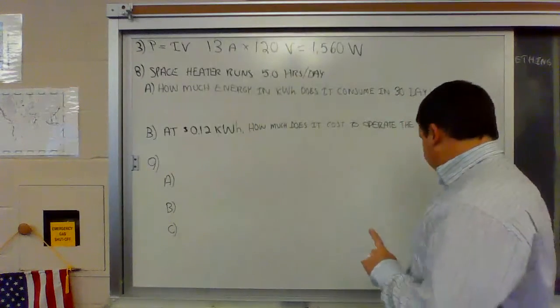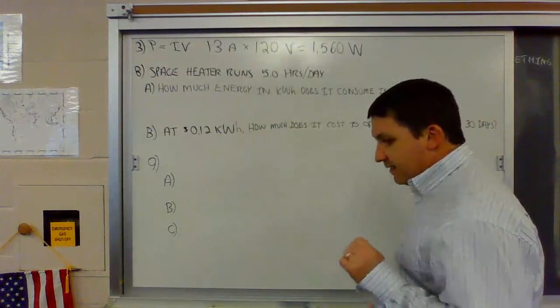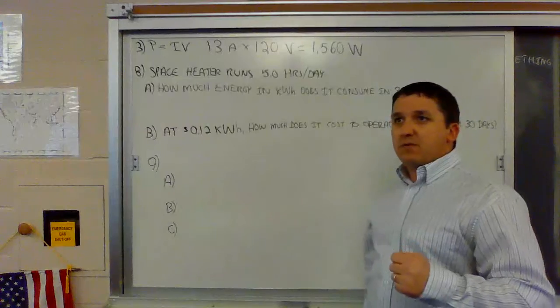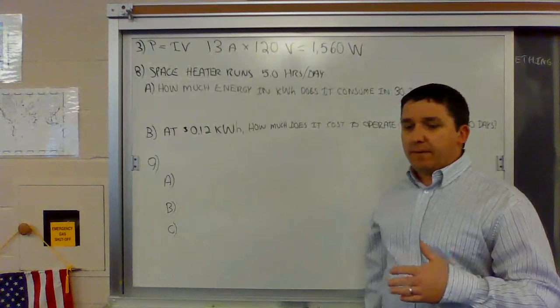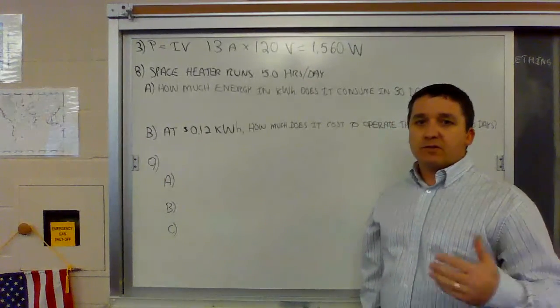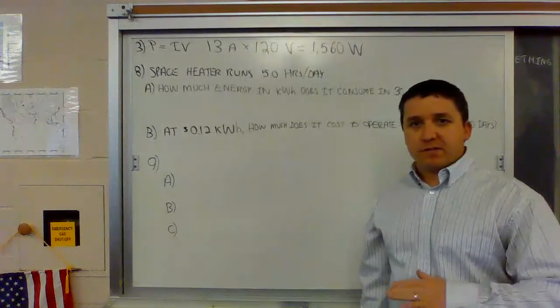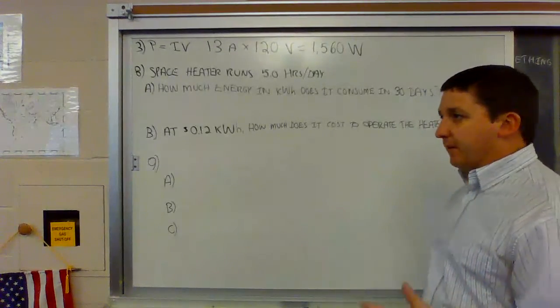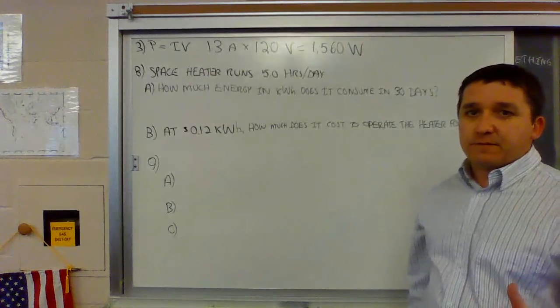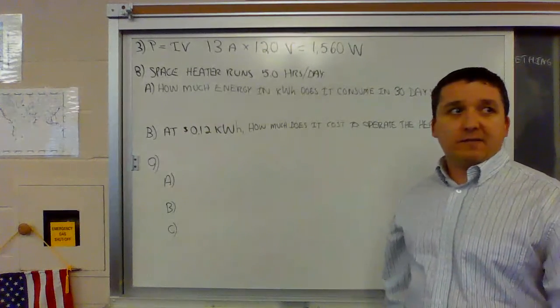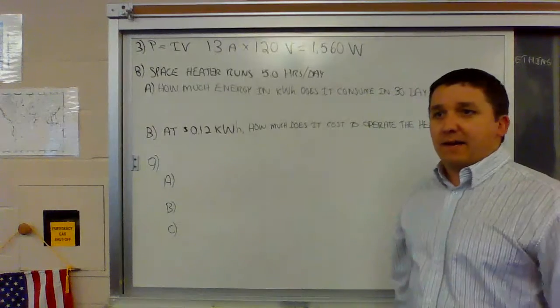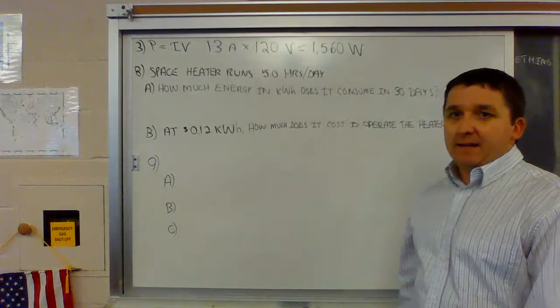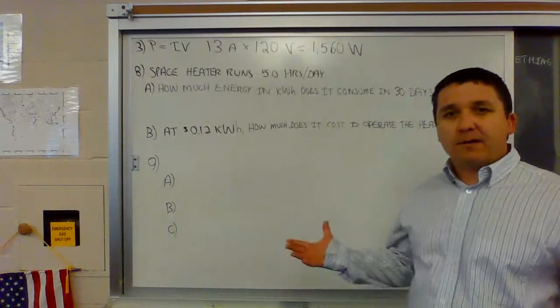Now, that being said, the electric companies measure the amount of power that is used by consumers in kilowatt hours rather than just watts, because it's an easier calculation for them. It'd be like measuring the distance from here at CTEC to let's say Johnstown and reporting that measurement in centimeters. It'd be a pretty large number.